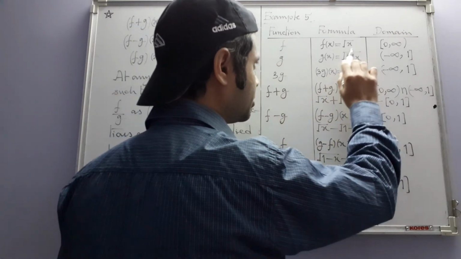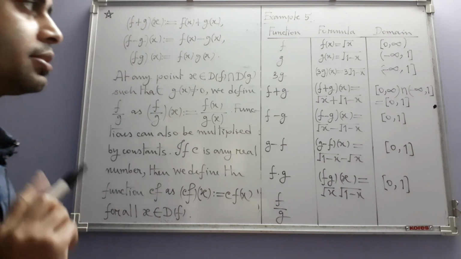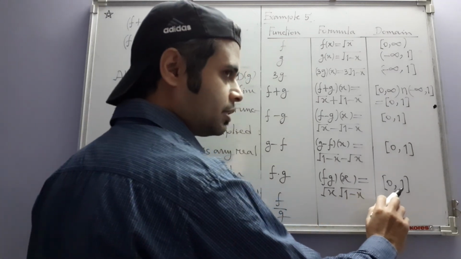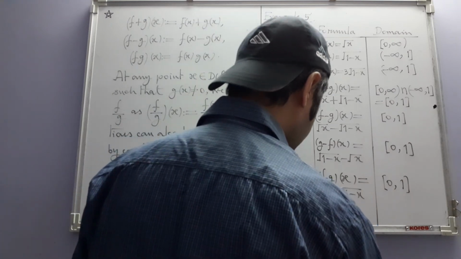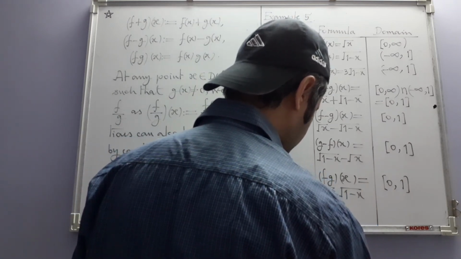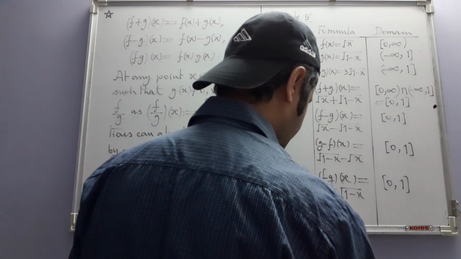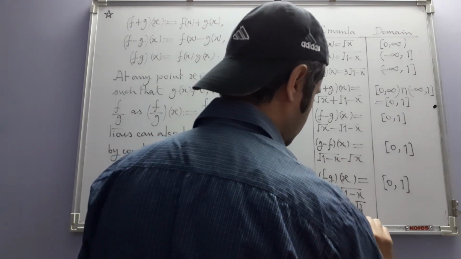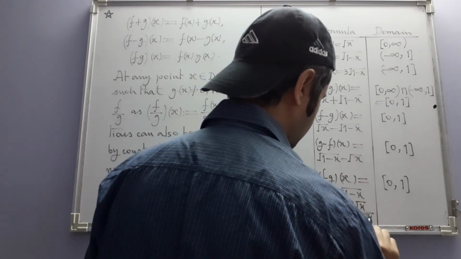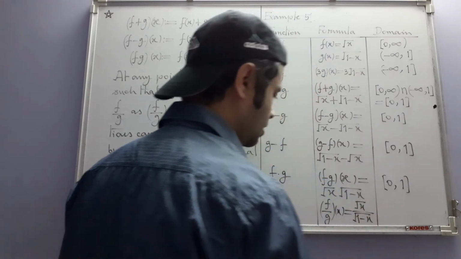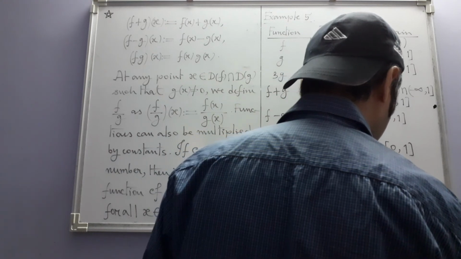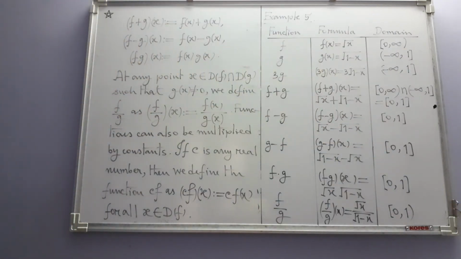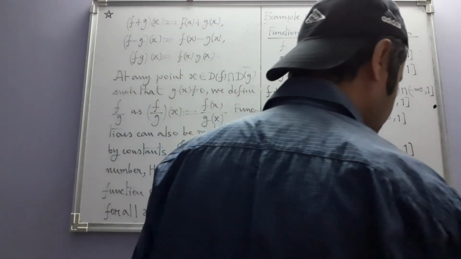This expression becomes 0 only when x is 1. So we cannot consider 1 here. Let us first write the formula. f by g of x is square root of x divided by square root of 1 minus x, and the domain here is the half open interval 0, 1.